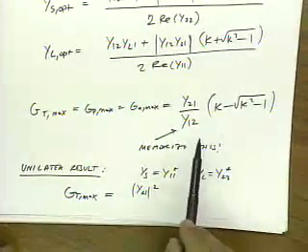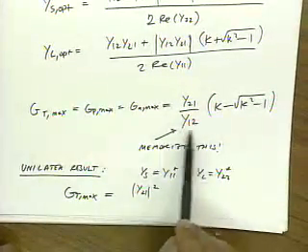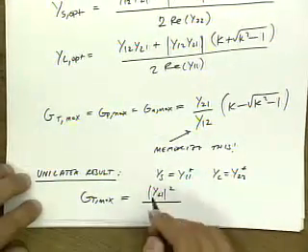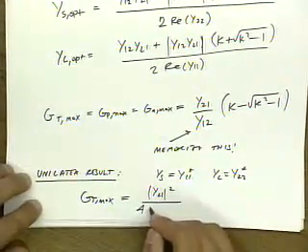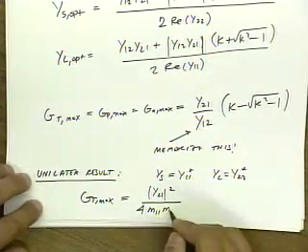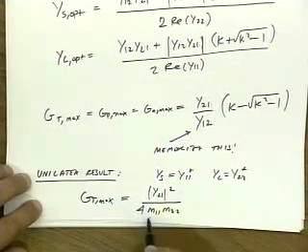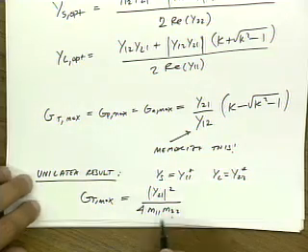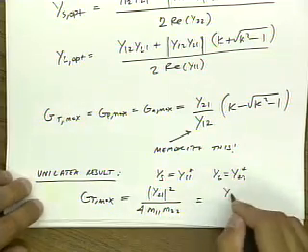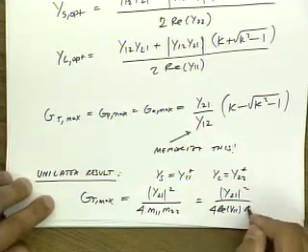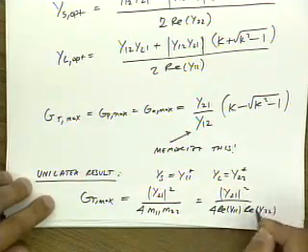If I look at this expression, y12 is equal to 0, so this blows up. But if I do the algebra carefully, the solution comes out to y21 squared divided by 4 times Re(y11) Re(y22). And Re(y11) is the real part of the input y11, and this is the real part of y22. So this is just 4 times the real part of y11 times the real part of y22.